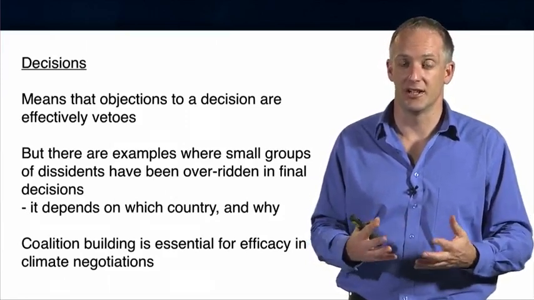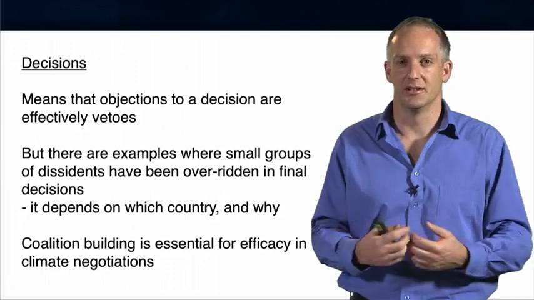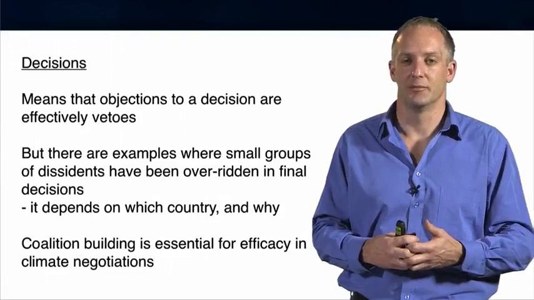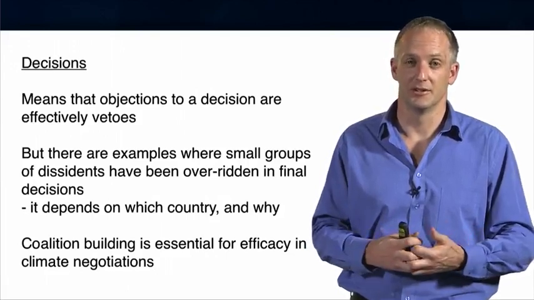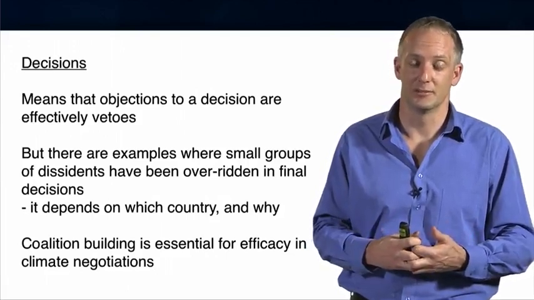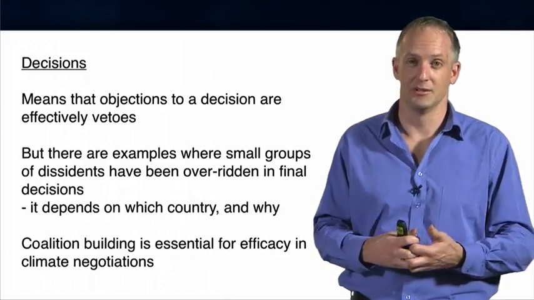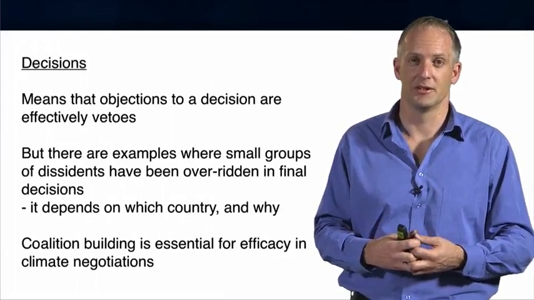They have slowed things down a great deal, and they believe their reasons are sound, but in the end often their concerns have been overridden by the concerns of the majority. But its principal effect is to really slow things down, and if it's a very powerful country, it can really, really delay things for long periods of time.